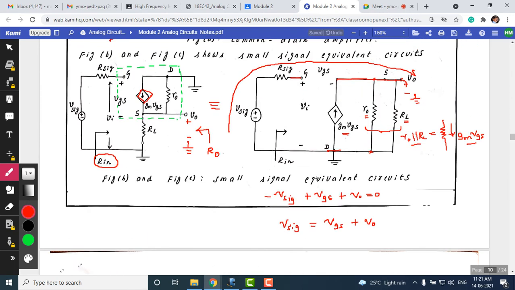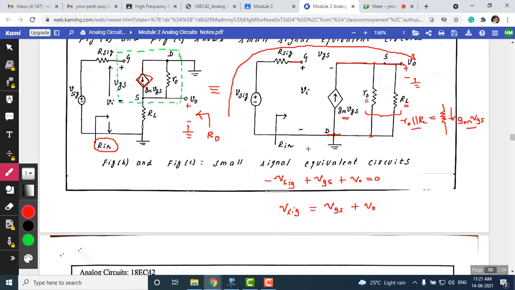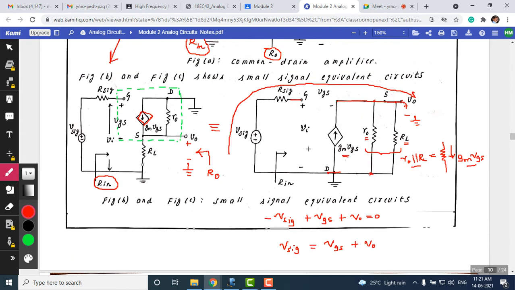Look at this circuit now. We have Vi, and this is the VGS equation. We obtained the equation for VGS as this voltage divided by 1 plus Gm times R naught parallel with RL.